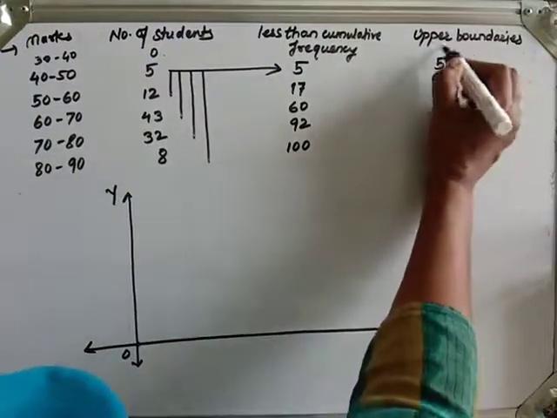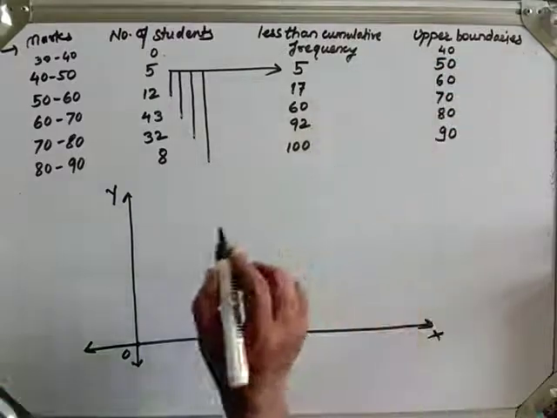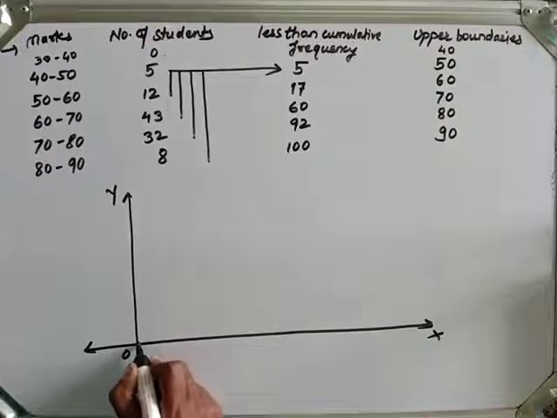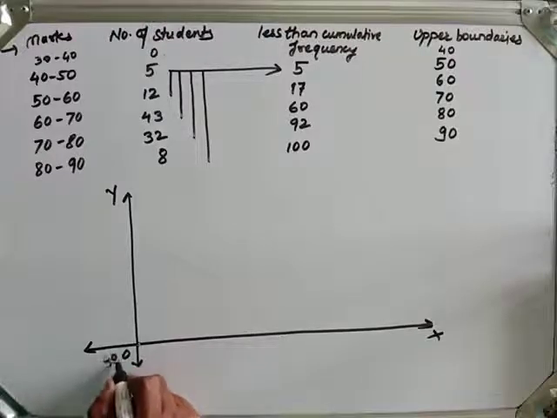Its upper boundary is 40. So the first point will be 40 comma 0.